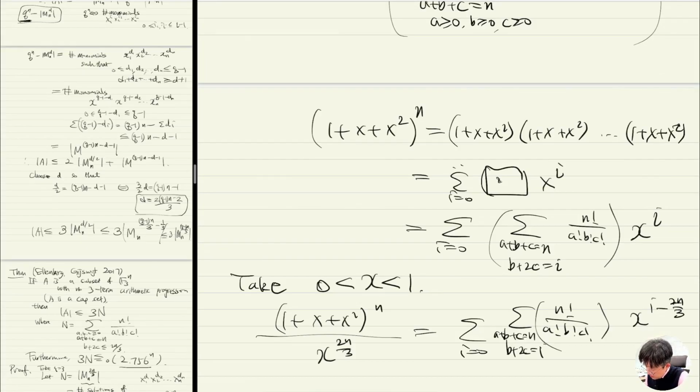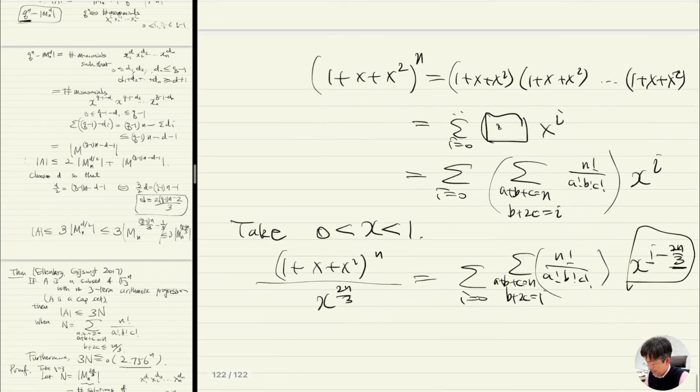Since if I is bigger than 2n/3, then this number is x to the something, which will be extremely tiny, but still positive. So I will ignore all these remaining terms. If I is bigger than 2n/3, I'm going to ignore this term because this is a small number. So that's why we have an inequality.